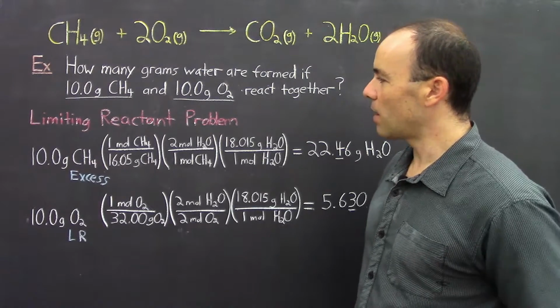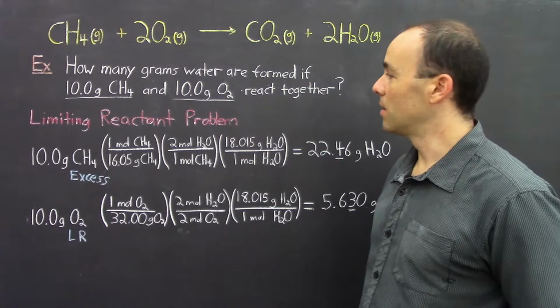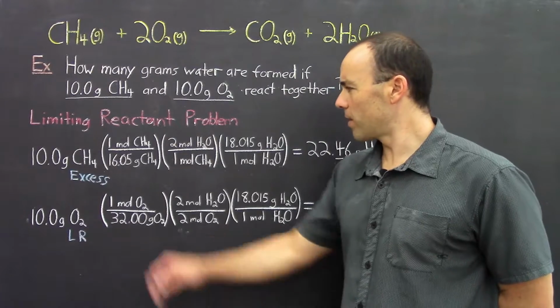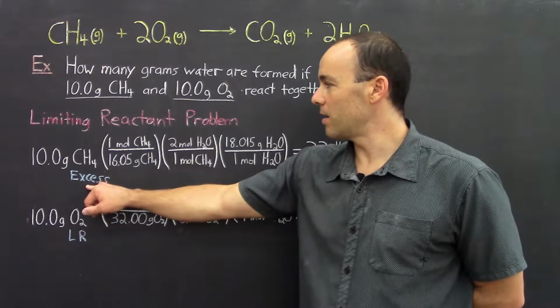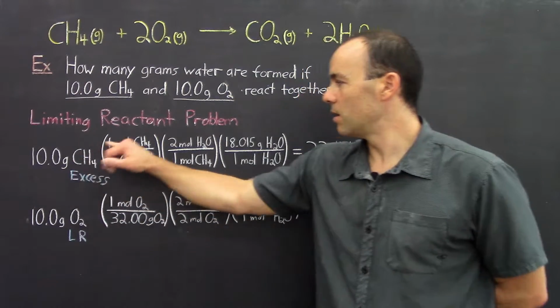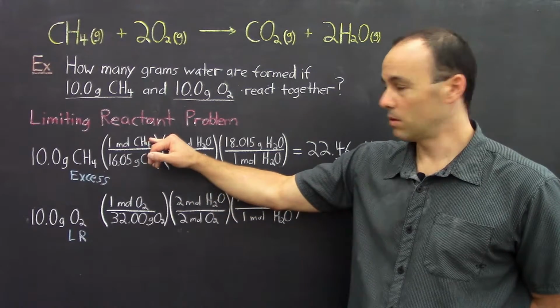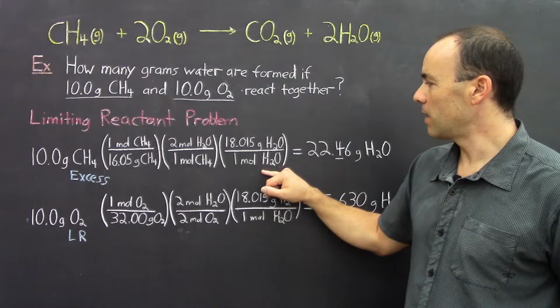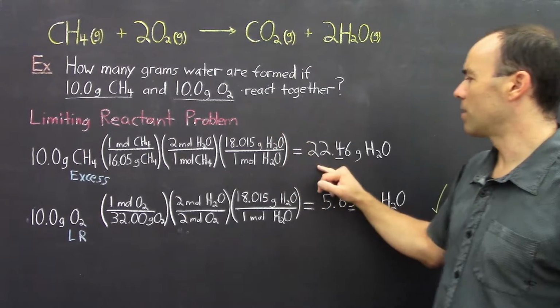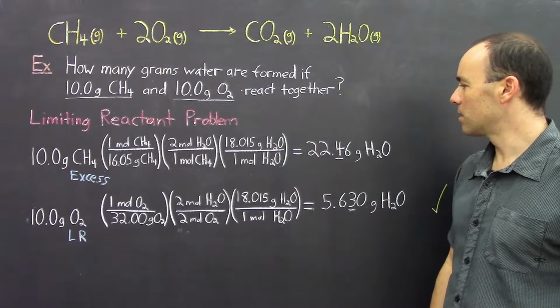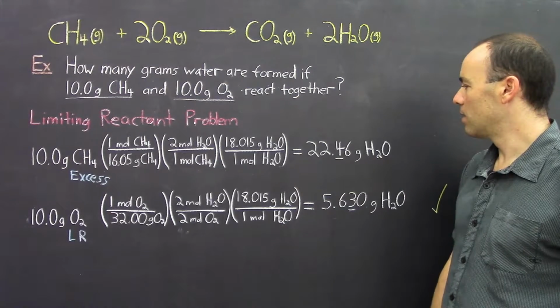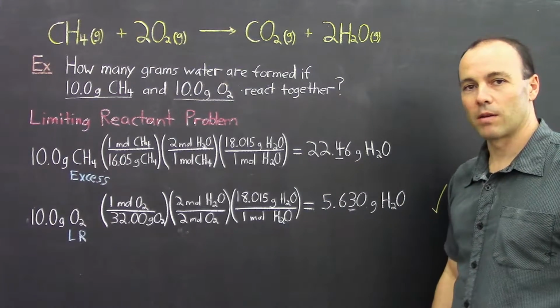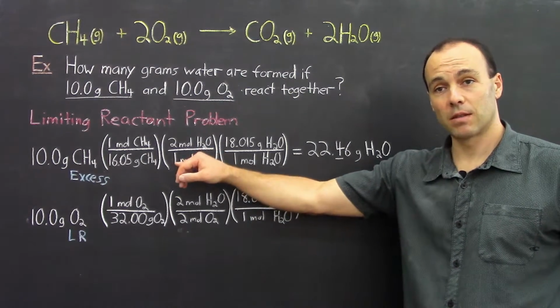If you assume that all of the methane reacts, then we've already done this calculation on the last slide. 10 grams of methane, you convert it to moles, convert moles of methane to water, and then finally moles of water to grams of water, and you would expect to get 22.5 grams of water if all of your methane reacts.